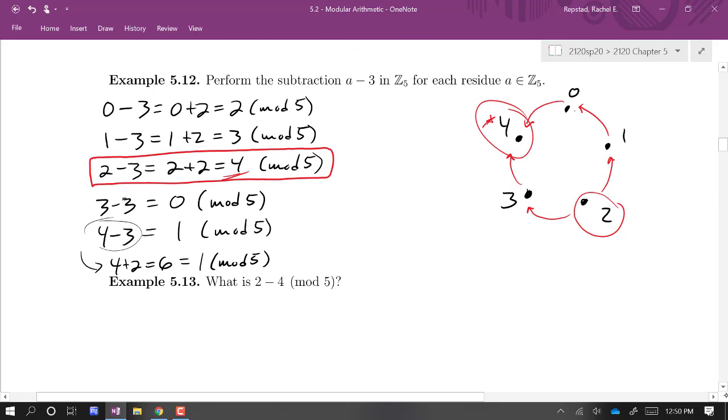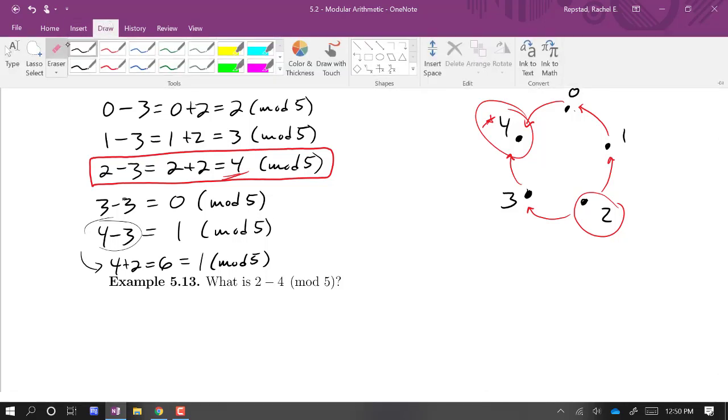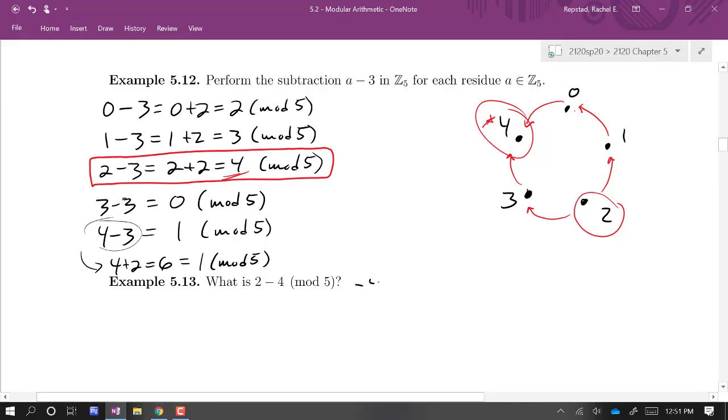In this next example, what is 2 minus 4 mod 5? Well, negative 4 is equal to 1 mod 5. We could see that because 4 plus 1 is 5, which is 0. We could also see that in our diagram up here, going backwards 4 units is the same as going forward 1 unit.